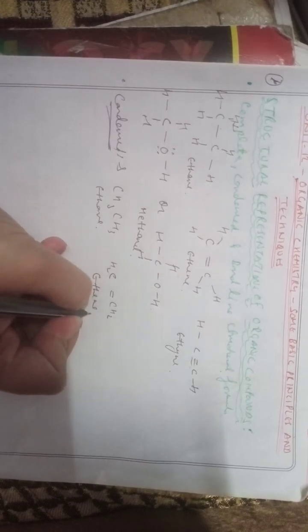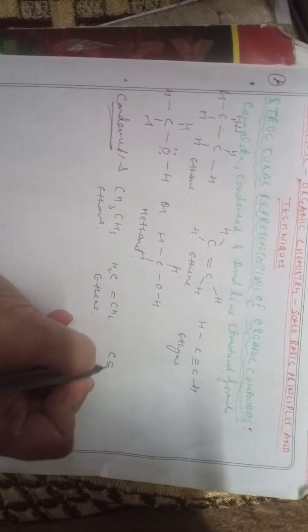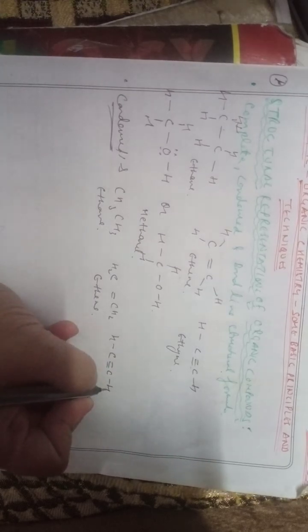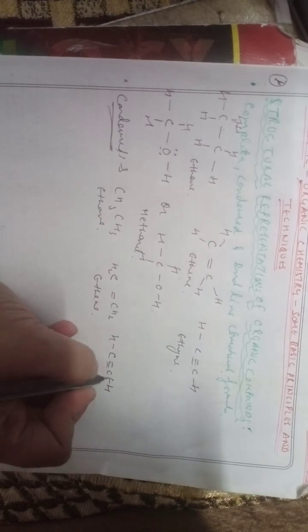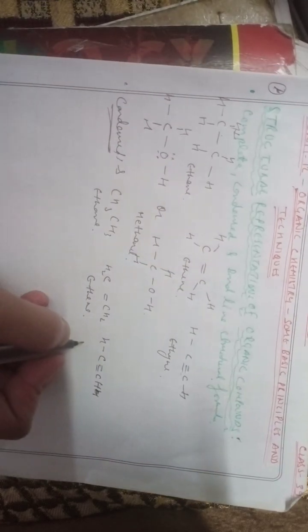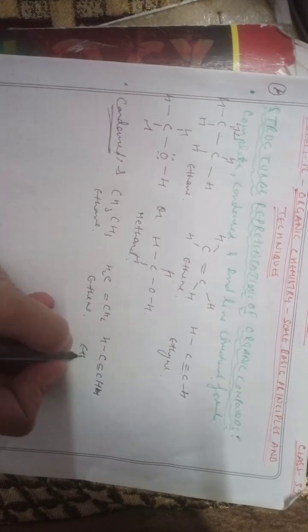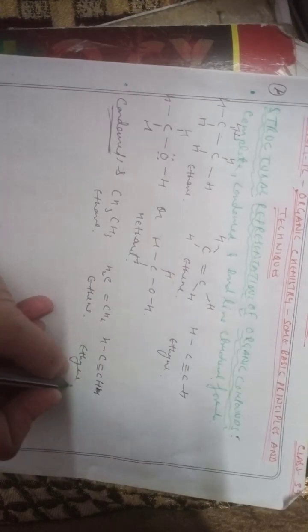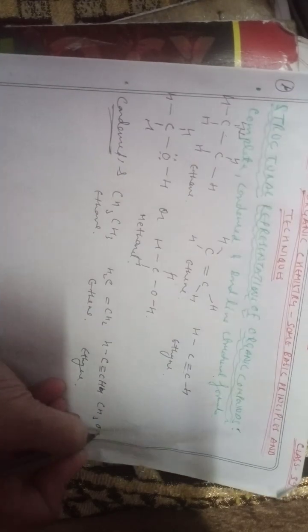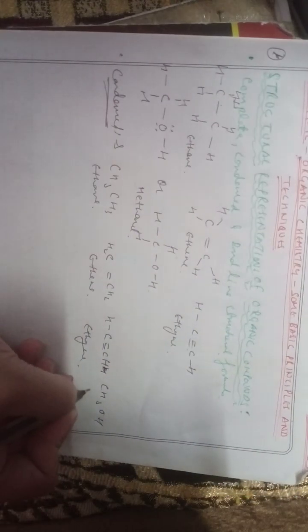Another is ethyne, carbon triple bond with carbon that is attached with, of course, your hydrogen, which is CH, that has been written. This is your ethyne. For methanol, it will be CH3OH. So that is your methanol.